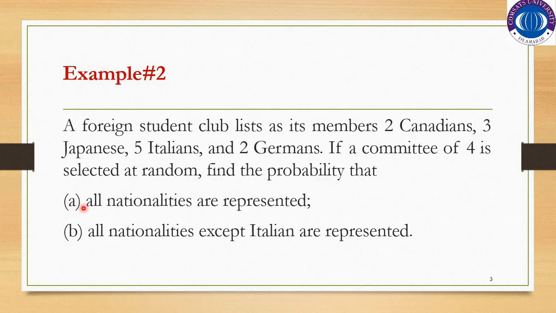Find the probability that all nationalities are represented, and the second part is find the probability that all nationalities except Italians are represented.